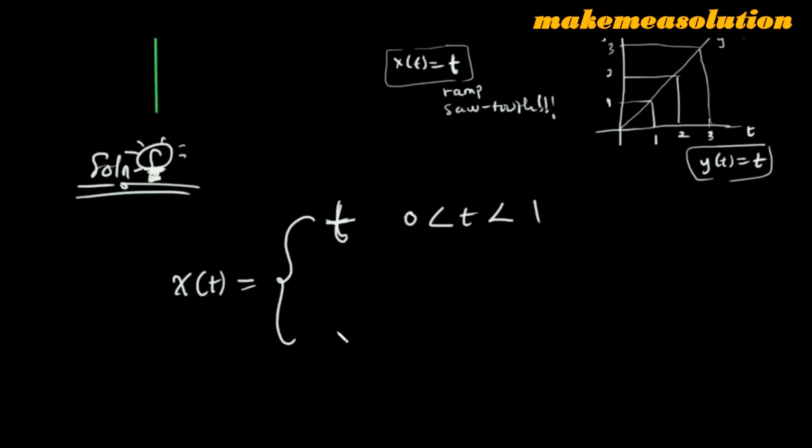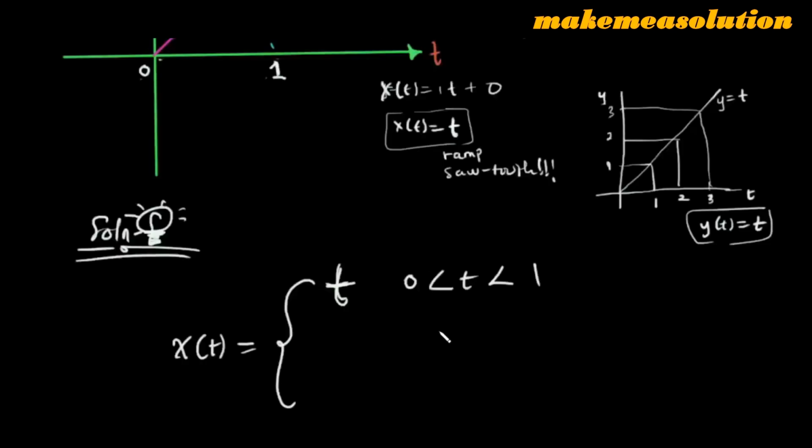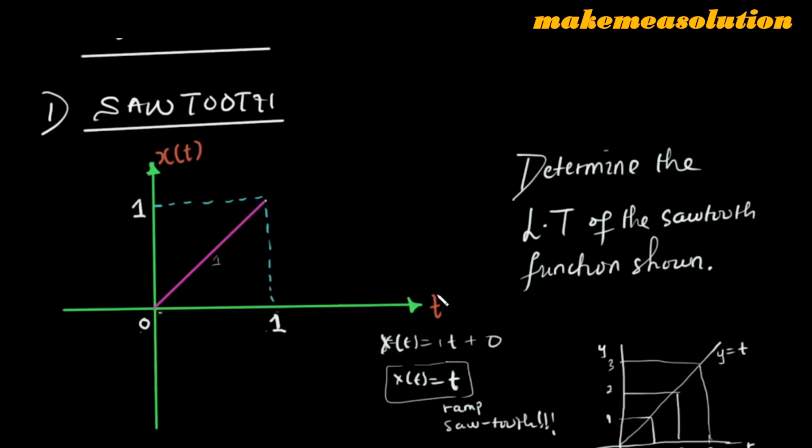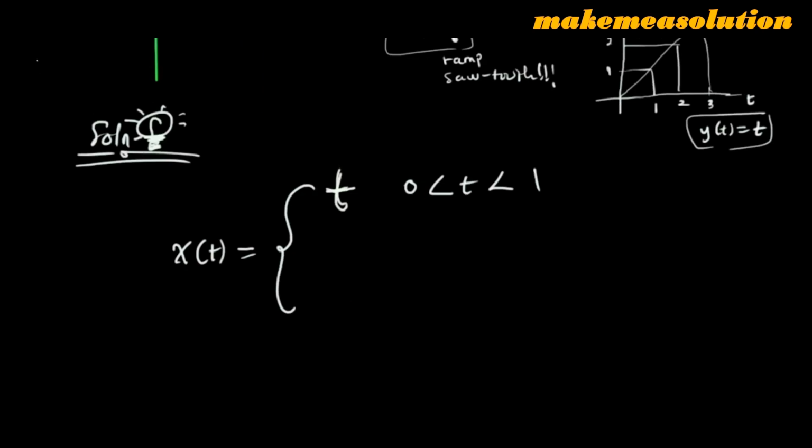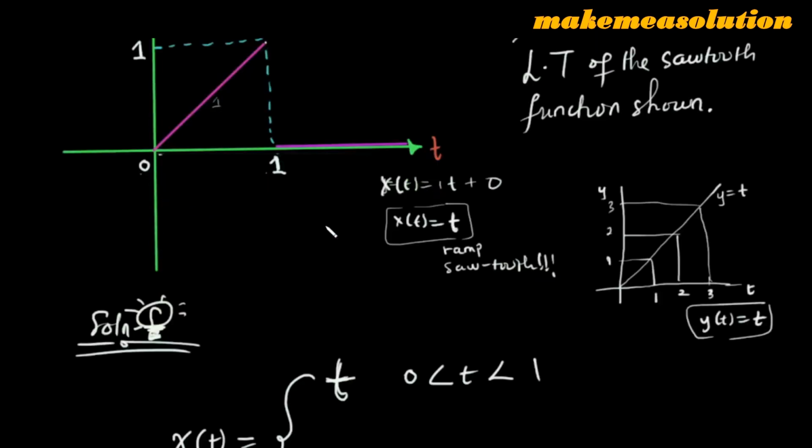Now for values of t greater than 1, you can see that the value of the function is now 0. Nothing was defined, so for values of t greater than 1, this function is 0. This is the behavior of this sawtooth function.